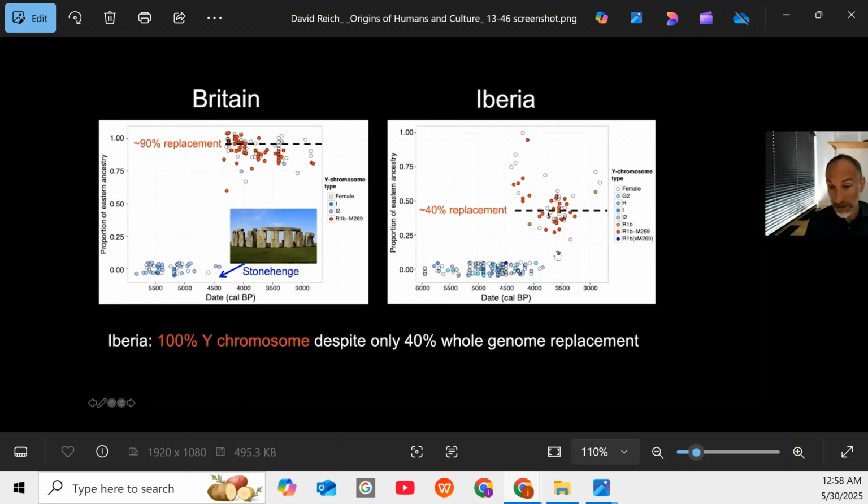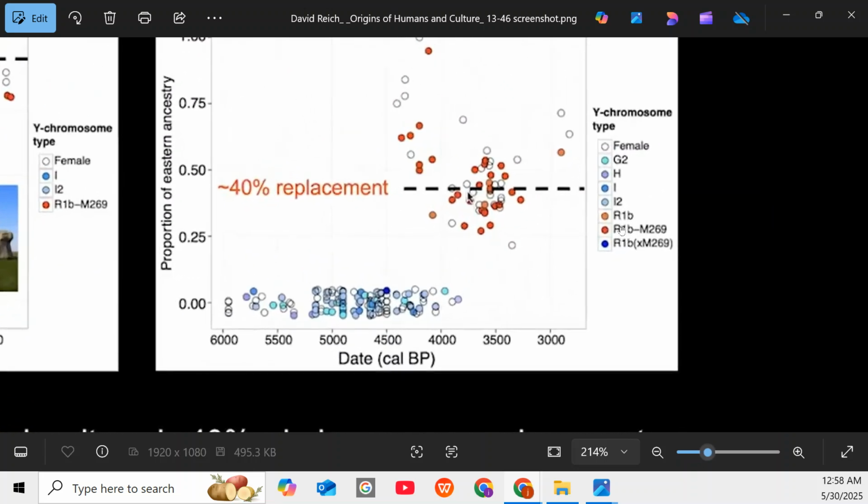They are replaced. Without this photo, it would look like this blue is replaced by this red, and the red is again R1b, and R1b plus this additional mutation. And in this blue R1b, so in this case there was R1b before, but it's replaced.